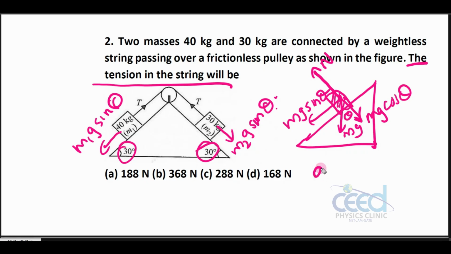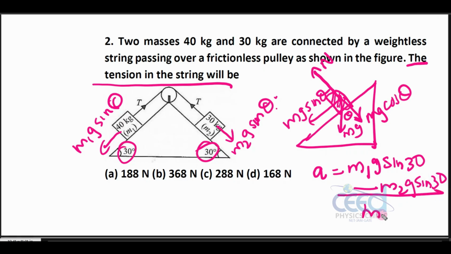What is acceleration? Acceleration is equal to net force divided by net mass. So what is net force? Higher force, here more mass is this, then higher force minus lower force, because they act in opposite directions: m1g sin 30 minus m2g sin 30, divided by m1 plus m2. Now you are getting acceleration. M1 given, M2 given, g approximately you can take as 10 meter per second square.